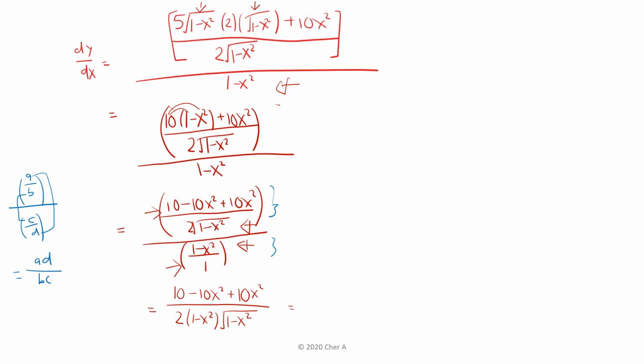So when I simplify this, I'll get 10 over 2, 1 minus x squared, square root 1 minus x squared. Now, of course, we are not done yet because we can simplify this. So 10 divided by 2 is 5, and this will be 1. So the final answer will be 5 over 1 minus x squared, square root 1 minus x squared.